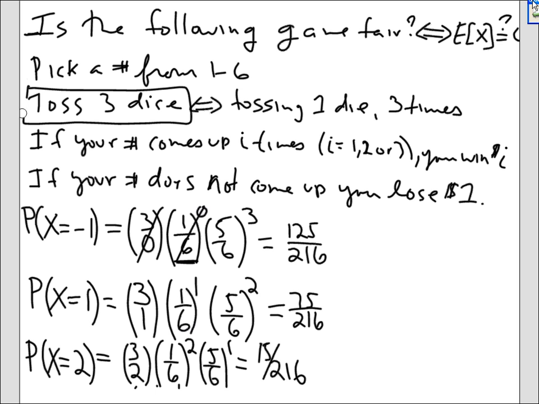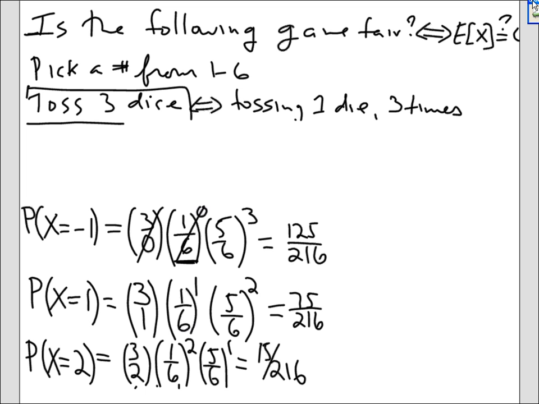And let us compute the last probability, that you have 3 successes. You pick 4, and you got 3 4s. They all came up 4s.